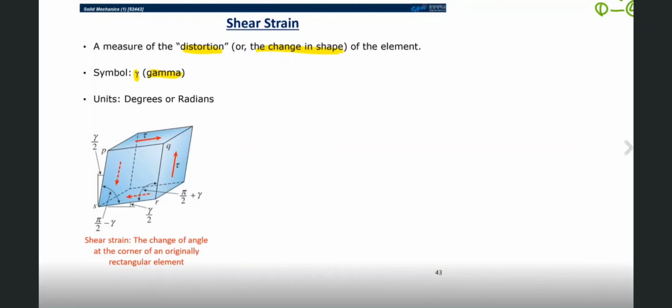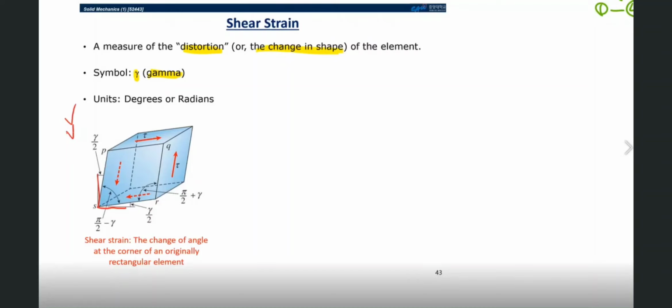So as you can see in this figure, the change of angle at this corner. Originally it should be perpendicular, a 90 degree angle, but after being distorted, which means the shape changed, the angle is changed to pi over 2 minus gamma, right?